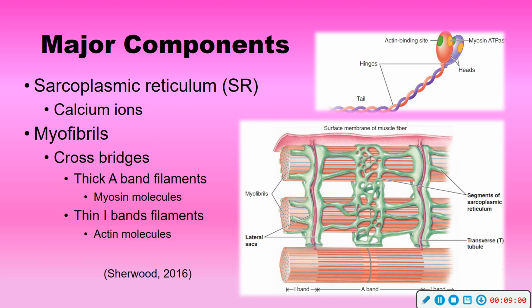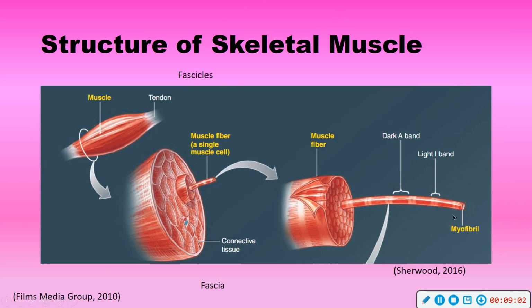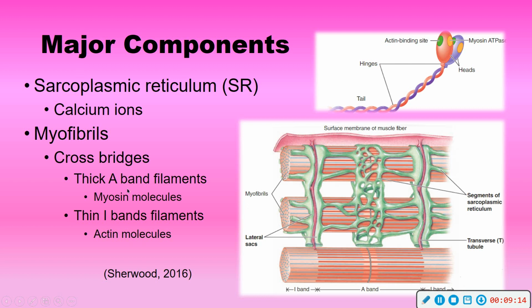I'm going to go back to this other picture. On the myofibril, there are dark, thick bands and thinner, light bands. So thick and thin. The thick is where the myosin molecules can be found.